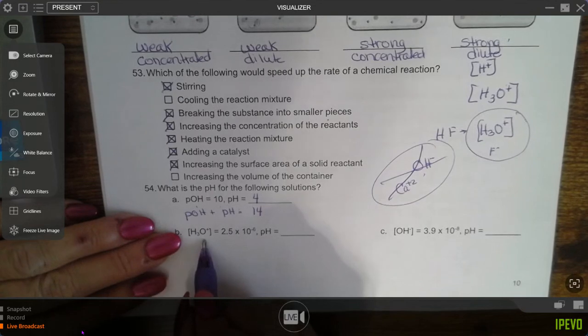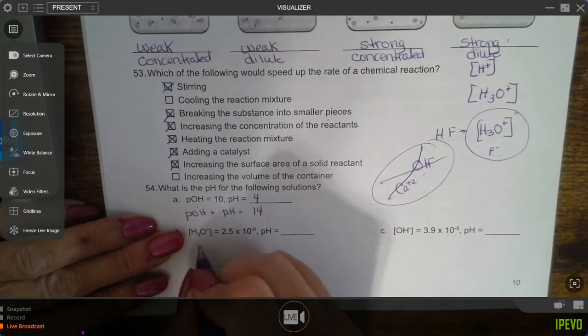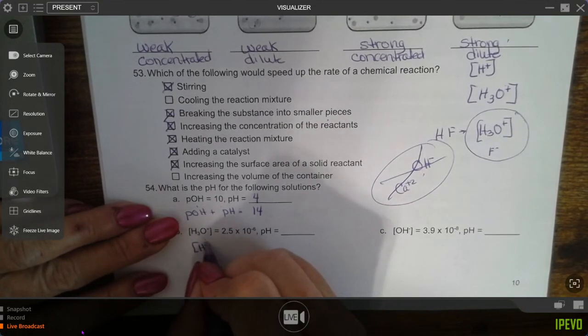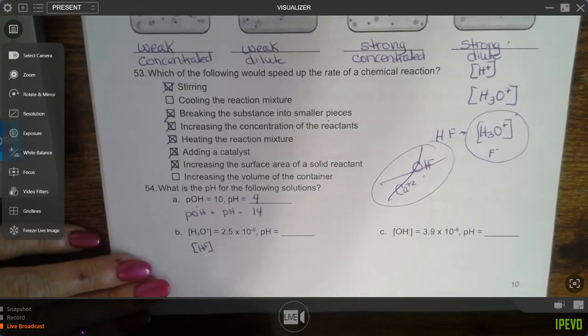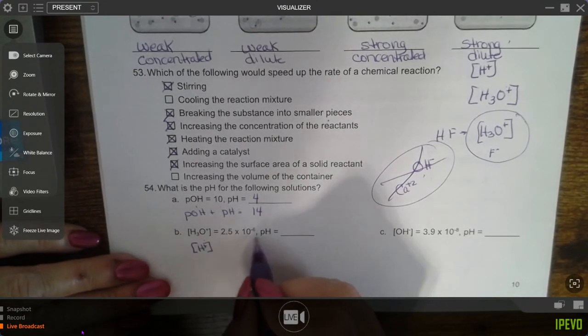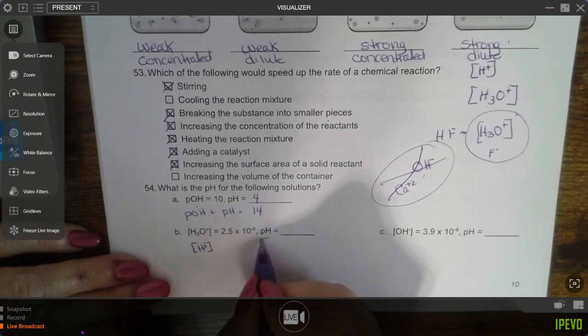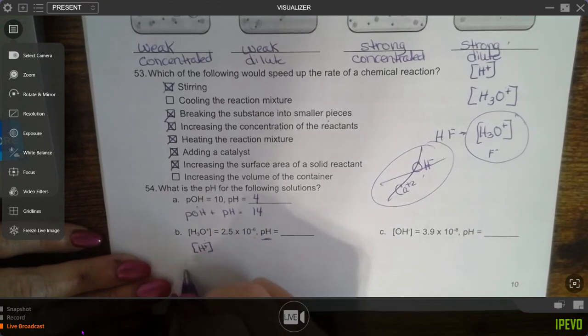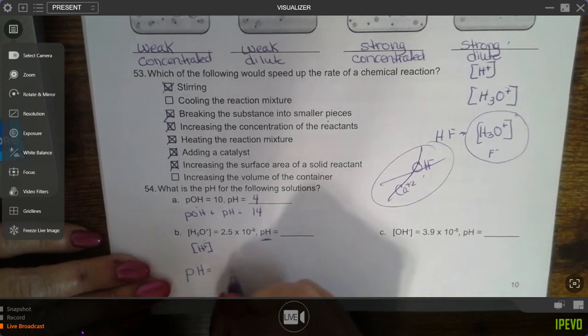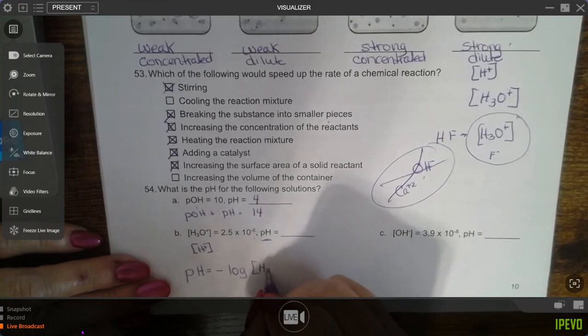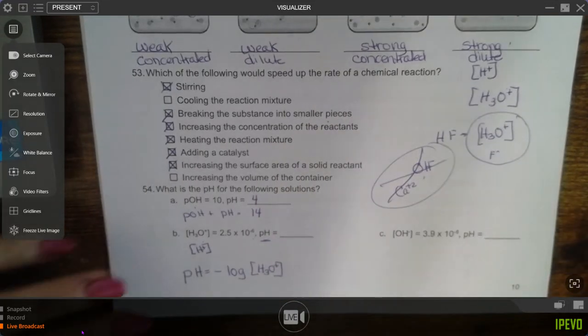This gives us H3O, that's acid, so that would be the same as this. The hydrogen ion concentration is 2.5 times 10 to the negative 6th. What is pH? Remember, pH is equal to the negative log of hydrogen ion concentration.